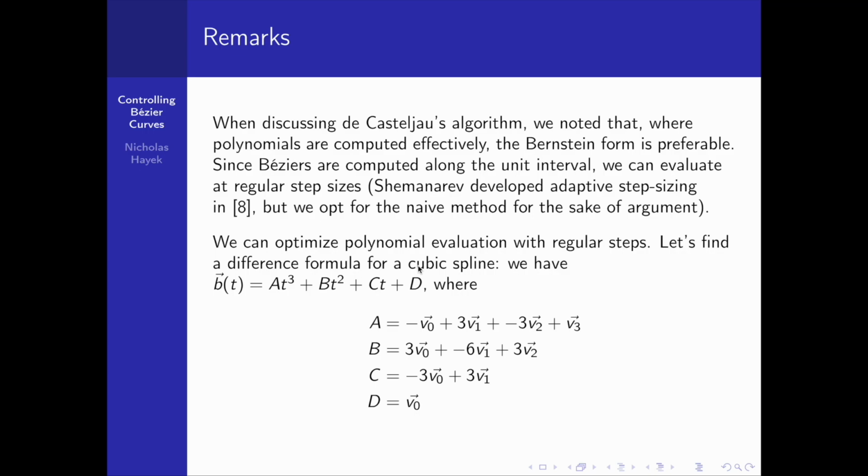Some remarks. Early on, we discussed De Casteljau and said that because it's not very time efficient, if your computer is better at figuring out polynomials, especially high degree polynomials, you might be better off. Because we introduced the idea of splines, we've really reduced that problem to computing cubic Beziers. And that's not so far off from linear interpolation, which De Casteljau deals with, but we can get even closer.